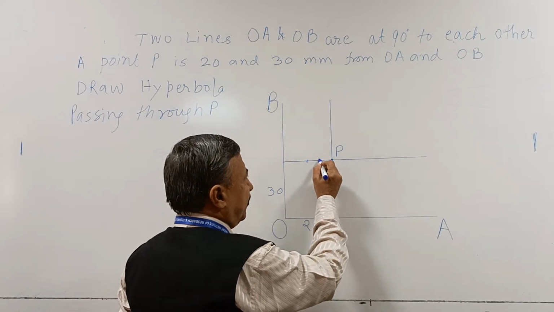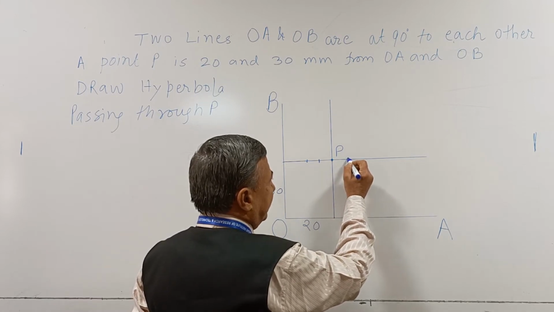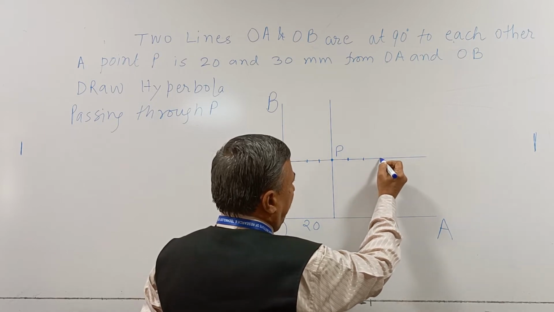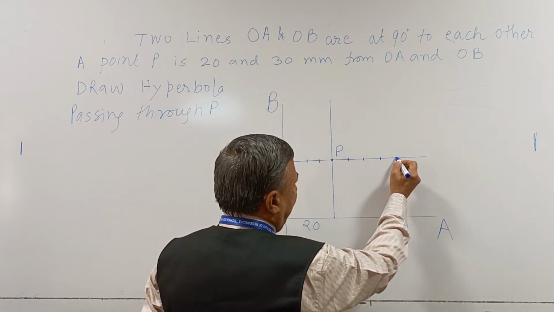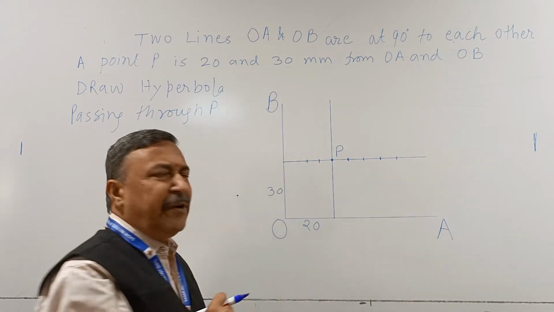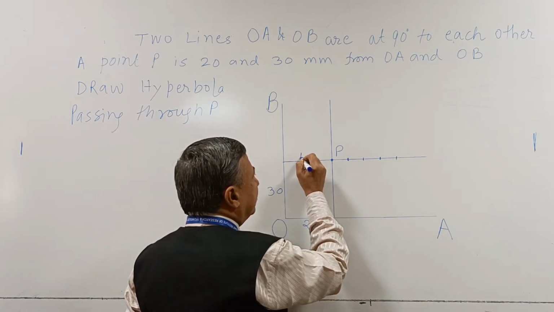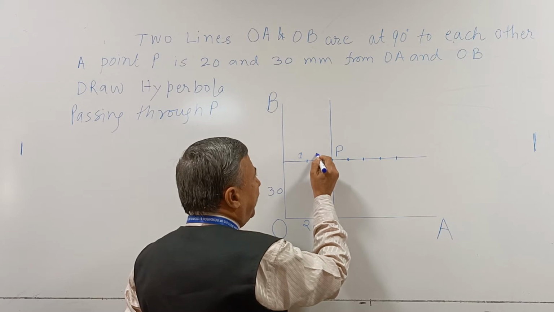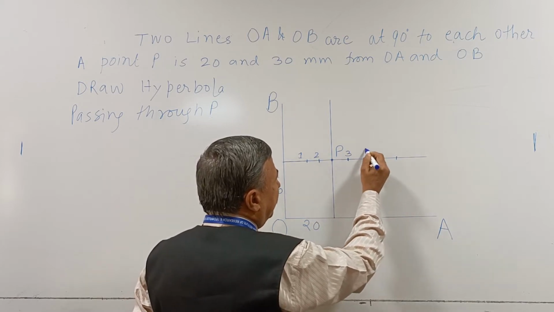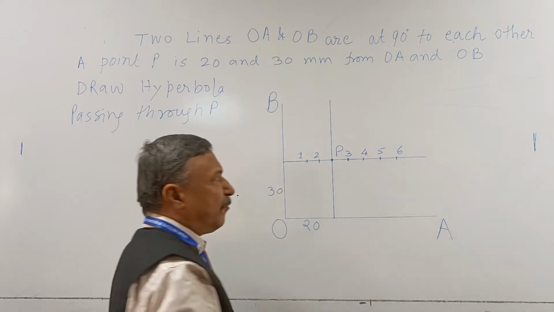This is point 2, suppose this is point 3, this is point 4, this is point 5, and suppose 6. Like this, you have to take some points. This is point 1, this is point 2, this is point 3, this is point 4, this is 5 and this is 6.